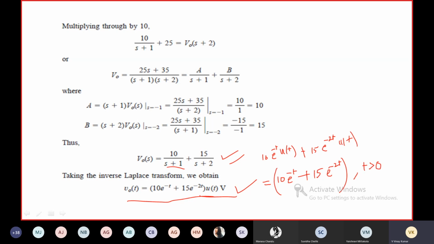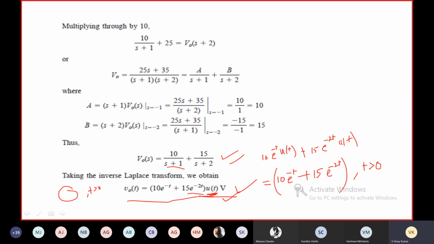Or you can include u of t like this, and then there is no need to write comma t greater than 0. The meaning of this is that for t greater than 0, u of t is equal to 1. That is the final expression: the voltage across the capacitor for t greater than 0.